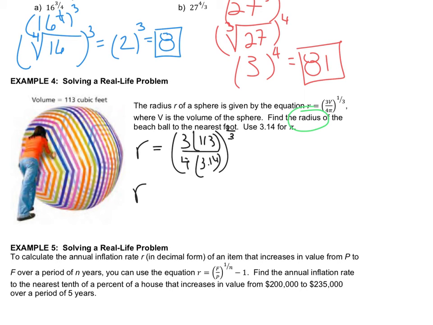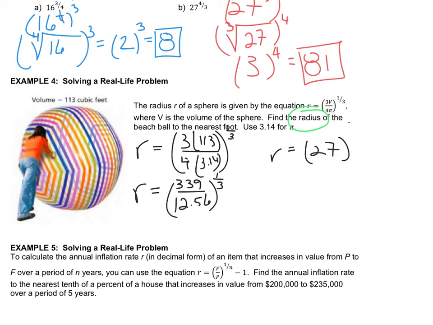So then we would have radius is 339 divided by 12.56. And we're going to hold that there for now. And then we're going to get radius, and it's going to be approximately 26.9.